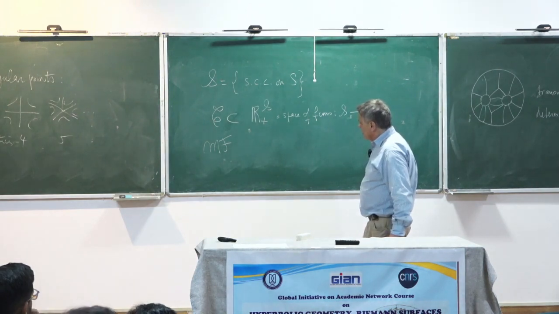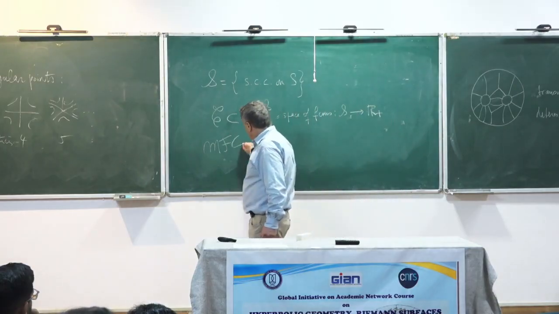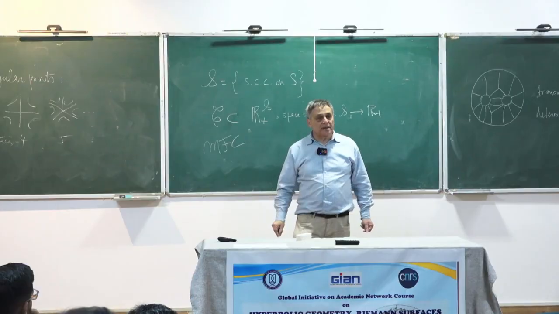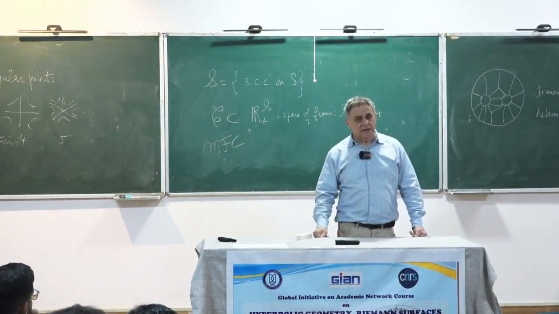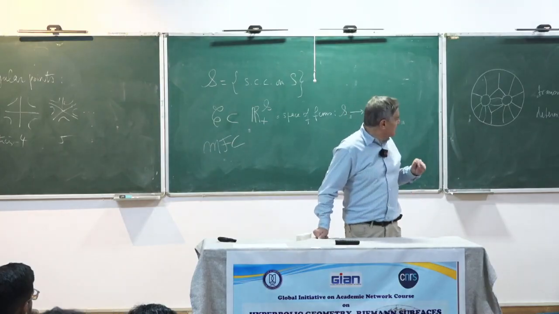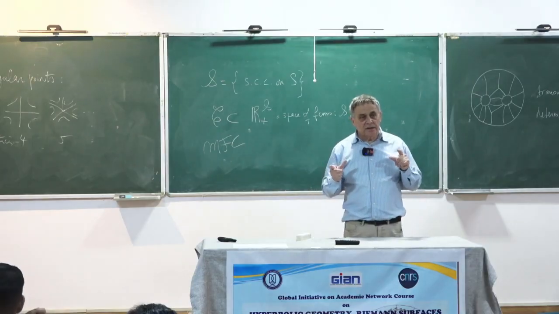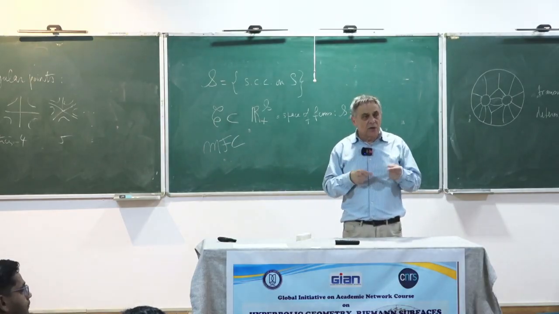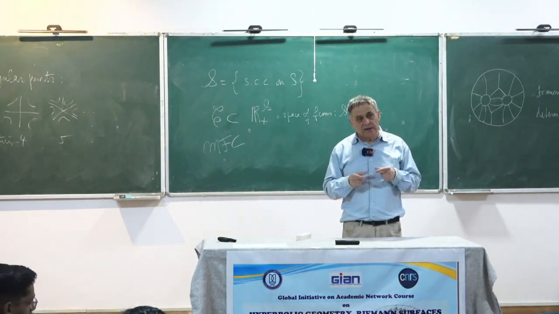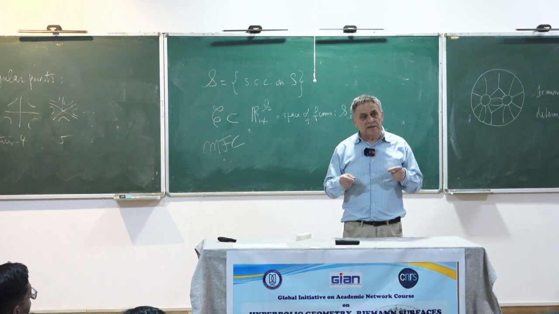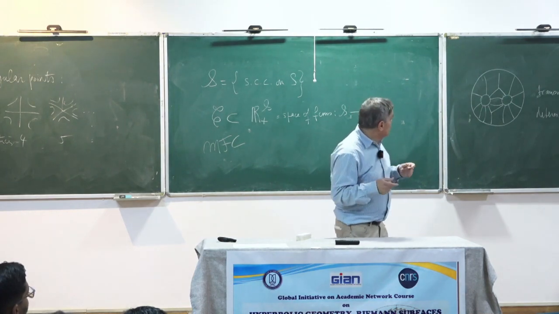And I also explained to you that intersection functions, in fact, I didn't say it this way, but the intersection function of a measured foliation on all homotopy classes of simple closed curves completely determines the measured foliation.